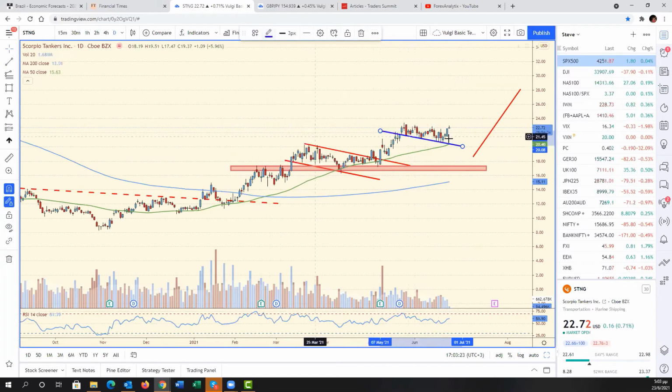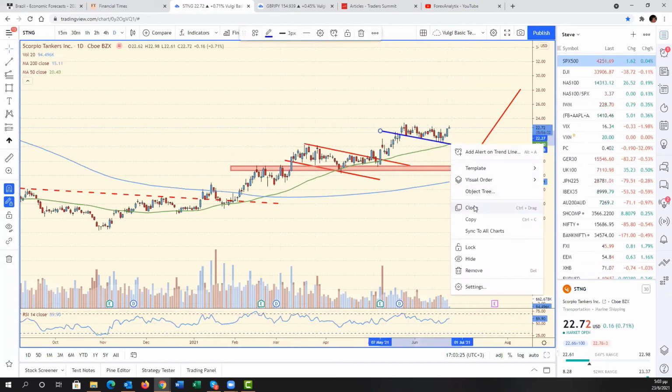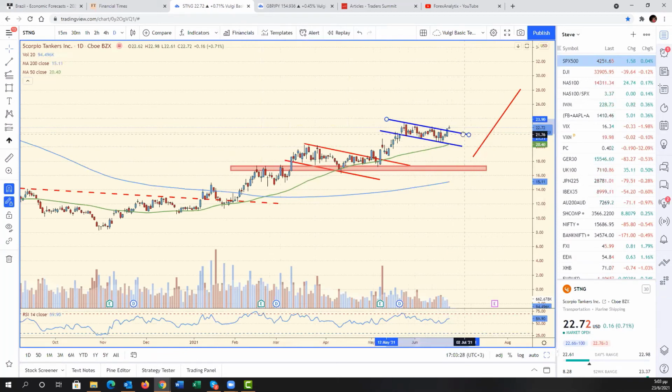You can clearly see it here. So it corrected in time, and this correction seems to be almost over or even over, right? So higher against these lows, against 2060, higher.